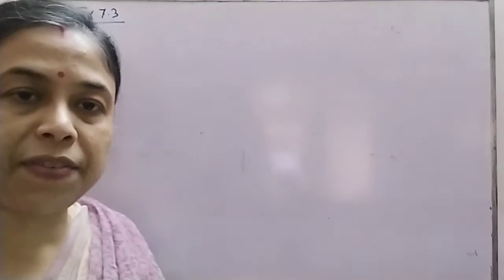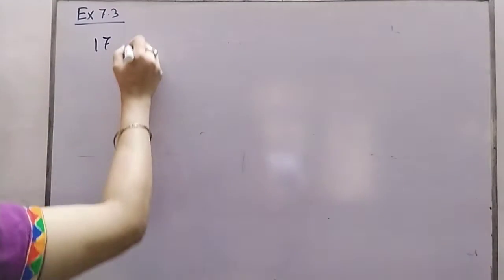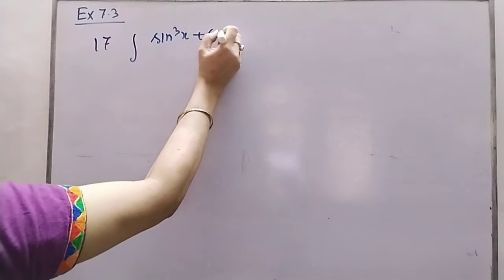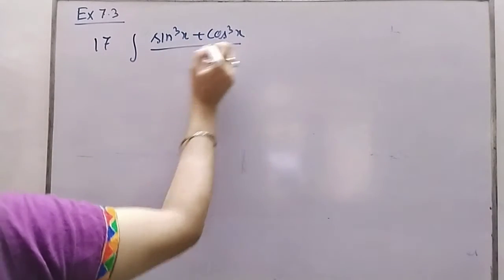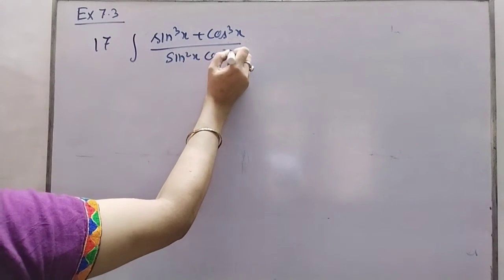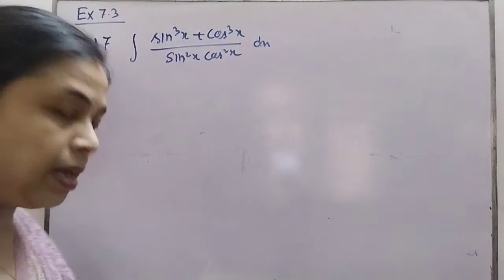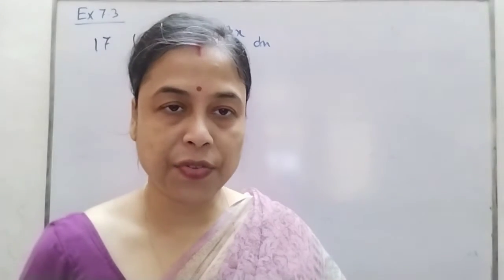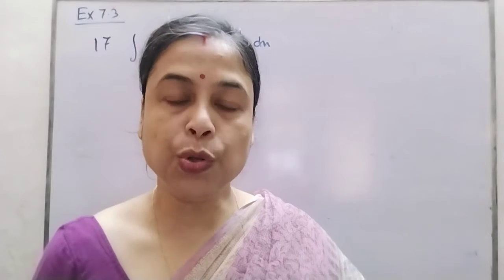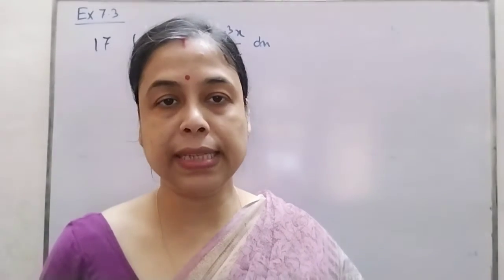Your question number 17 is the integration of sine cube x plus cos cube x, whole thing divided by sine square x into cos square x dx. Generally the questions having trigonometry are done by inspection. You have to see which formula to convert to so that it becomes an easily integrable function.